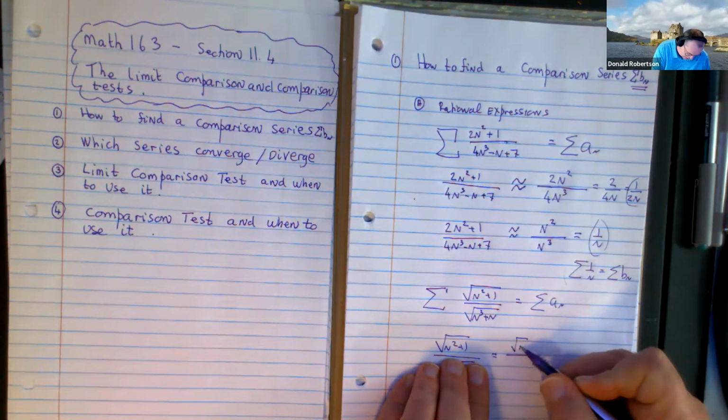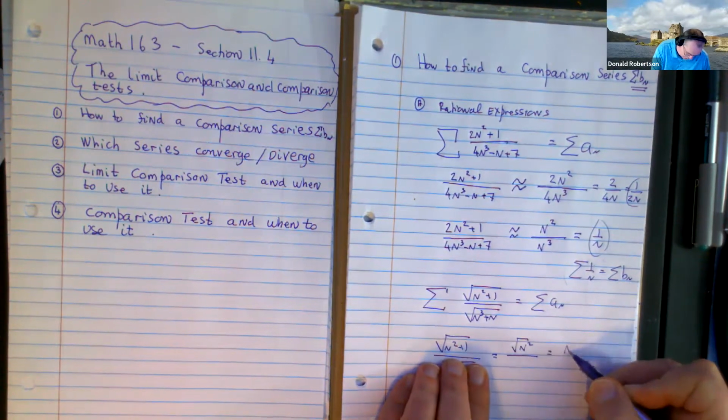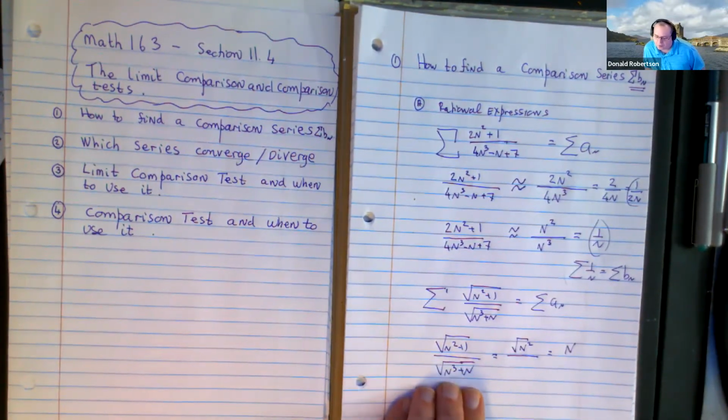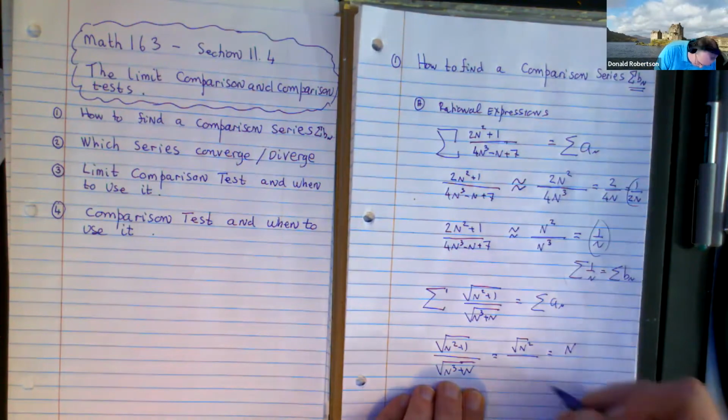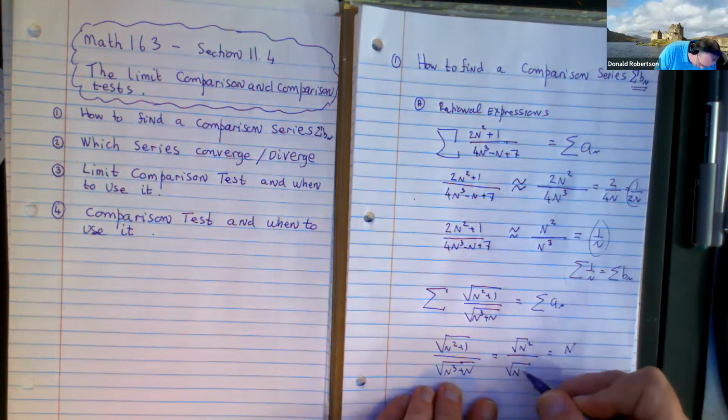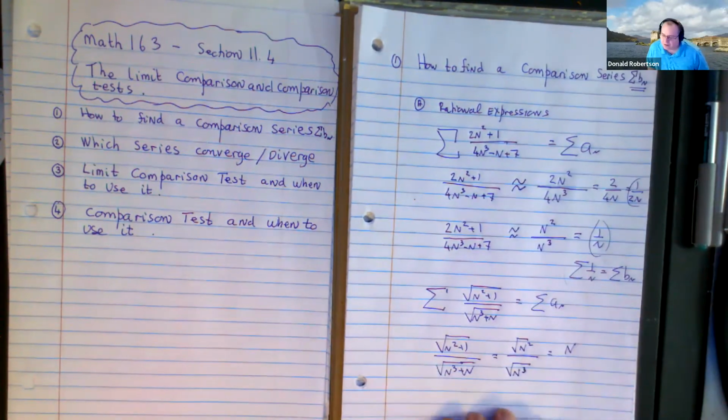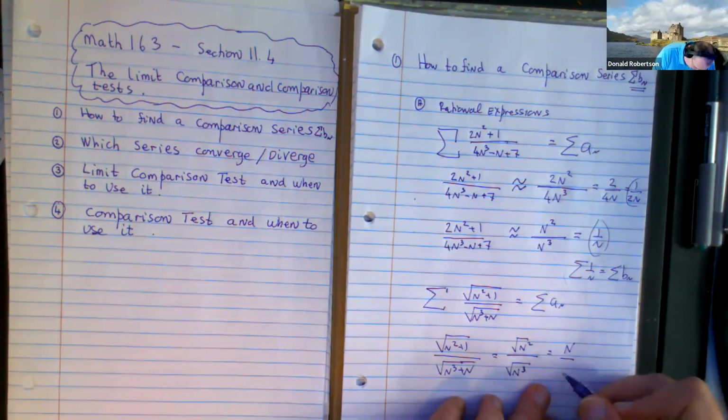Well, it would look like n. Great. Now, what about the square root of n cubed plus n? It would behave like n cubed. And the square root of n cubed is n to the 3/2.